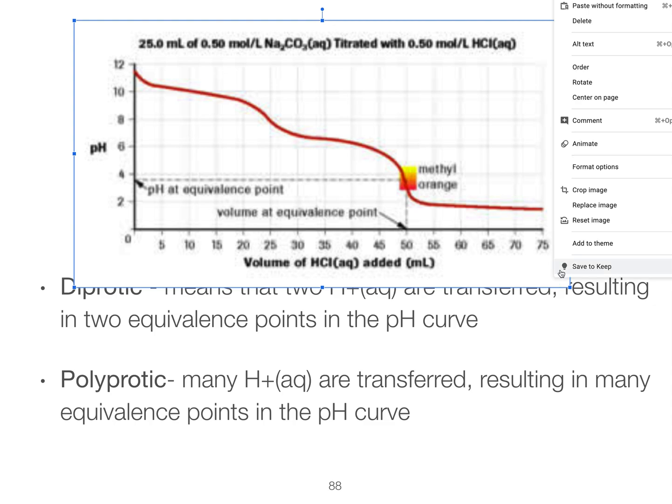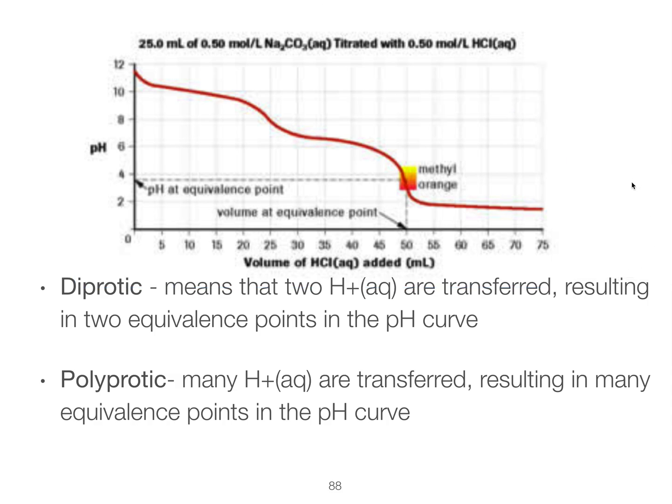This is saying that we have a polyprotic base. Specifically, we have a diprotic base because there's 2 reactions. So that's an important type of analysis that we can do with titration.